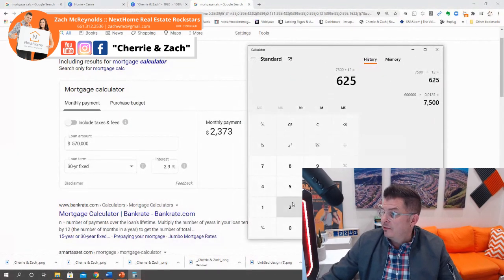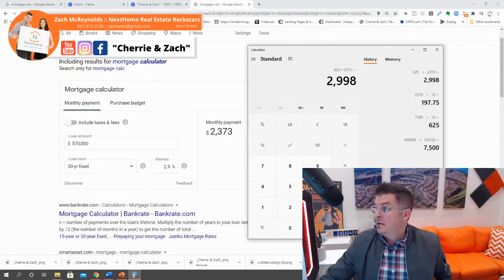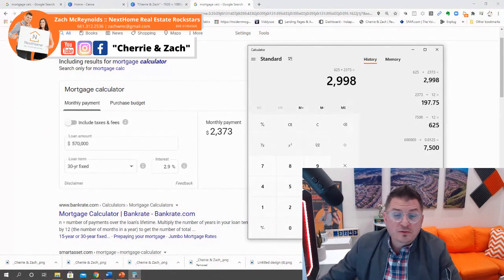So if we add that to the 2373, 625 plus 2373. Obviously, now you're at $2,900 a month, which then you fall out of that ratio because that's above that 45% that we were talking about.